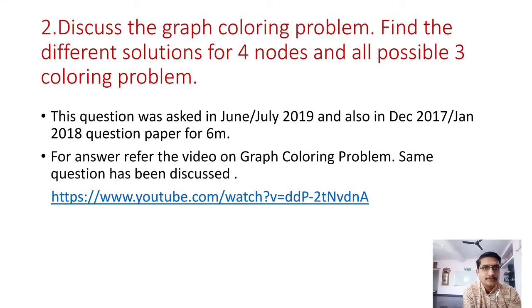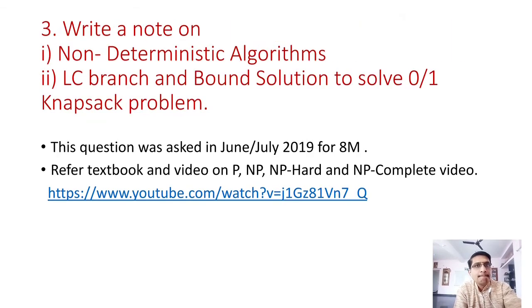To answer this question, you can refer to the graph coloring problem video which I have prepared, and go through the link which I have given. Definitely you can answer this question. I'm not solving all the questions here which I have already discussed. You just have to go back and refer to the same thing. We will go for the next question.